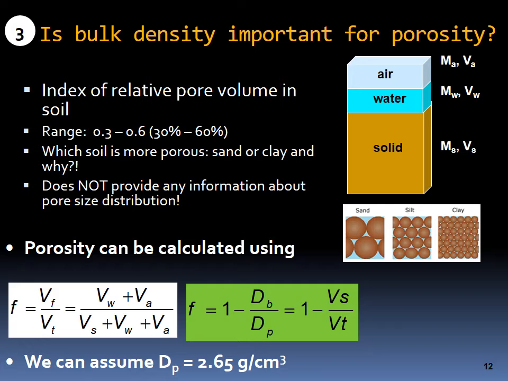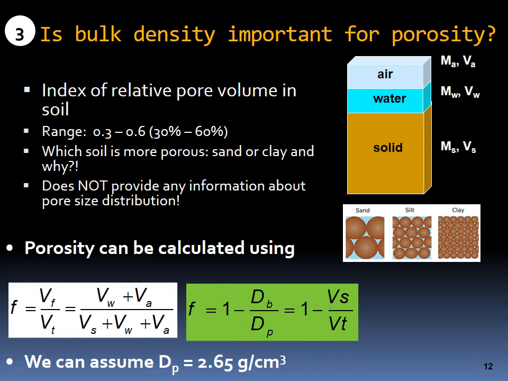And you know that the volume of the pore space only includes the volume of water and the volume of air, and the total volume is basically the summation of the volume of solid, water, and air. Or you can use another equation, which is this one. So the porosity F equals 1 minus dB, which is the bulk density, divided by dP, which is the particle density.